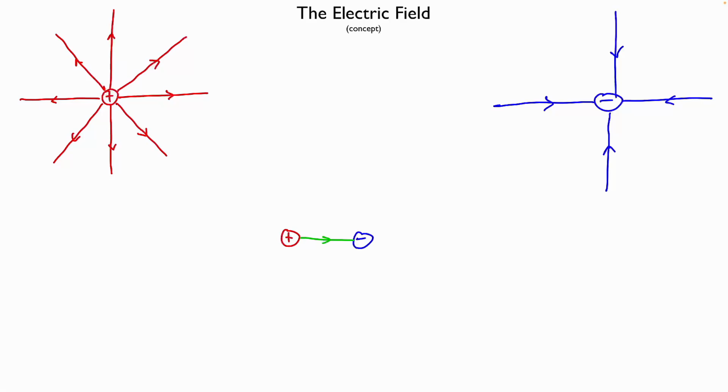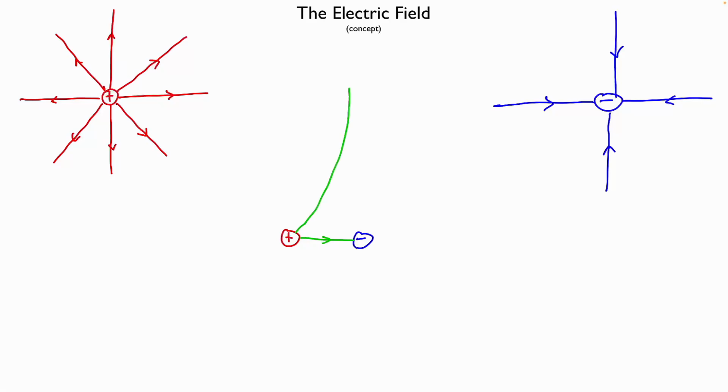But what about a field line that starts going up here at like this 45-degree angle? It wants to move away from the positive charge, right? But it wants to take the shortest, easiest path to terminate on the closest negative charge it can.